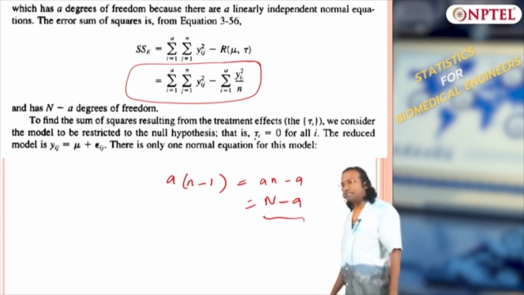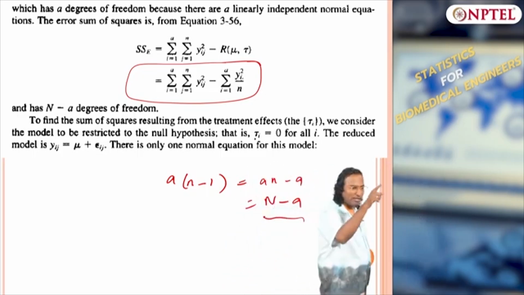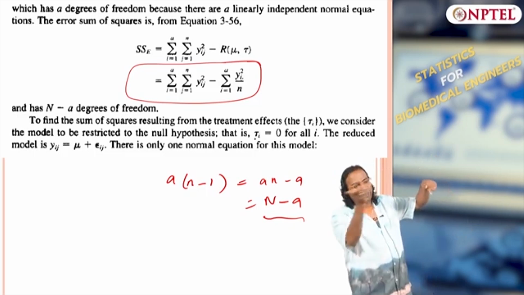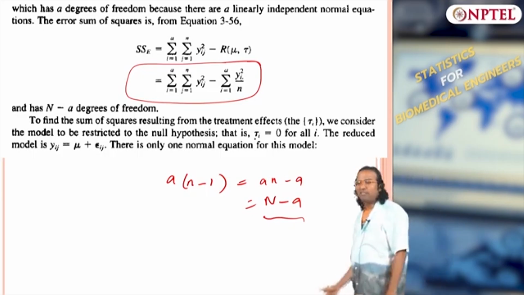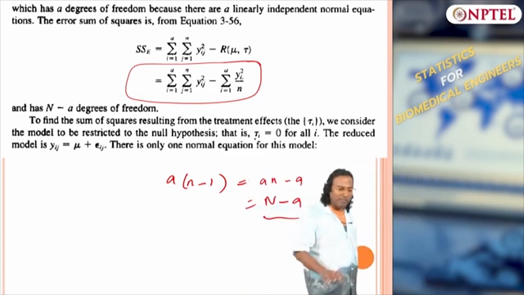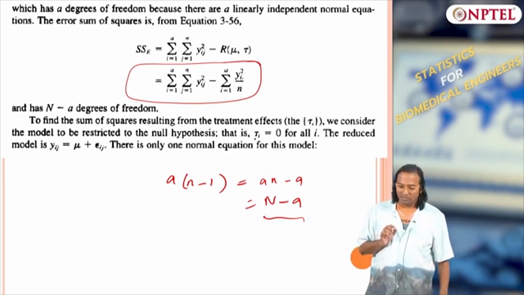We discussed in the ANOVA what the degrees of freedom is. There are a treatments, for each one you have one mean, so n minus 1, so a into (n minus 1), which is an minus a, which is capital N minus a degrees of freedom. So this is my sum squared error equation, okay.